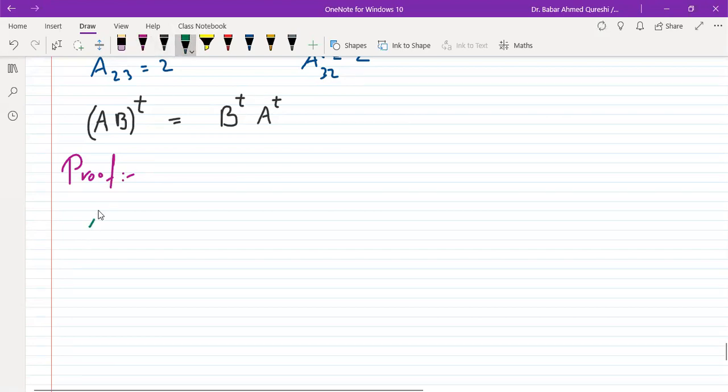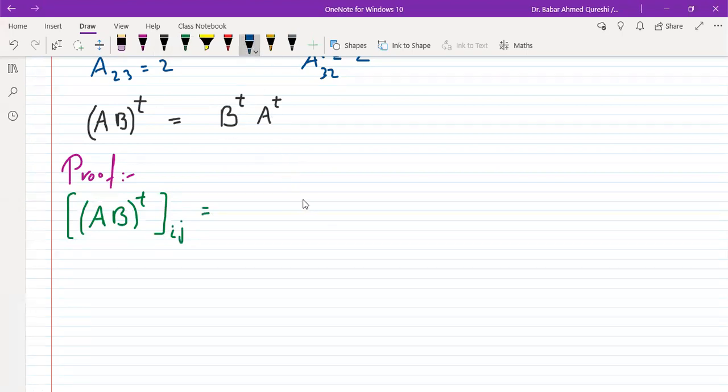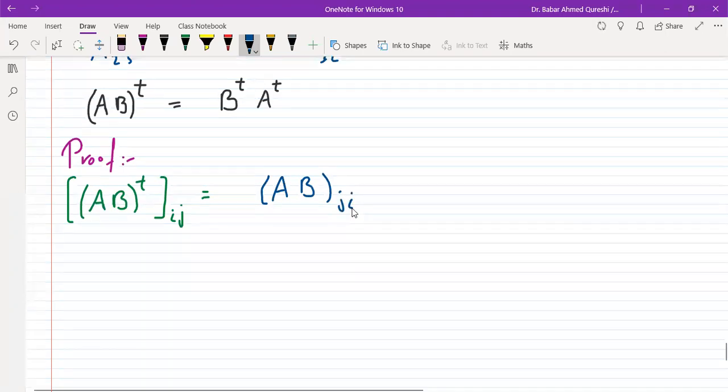So you have AB transpose, some matrix which you have gotten by multiplying A and B and taking its transpose, and you are looking at its ith, jth component. If it's the ith, jth component of the transpose of this matrix, this must be equal to the jth, ith component of the original matrix without the transpose.